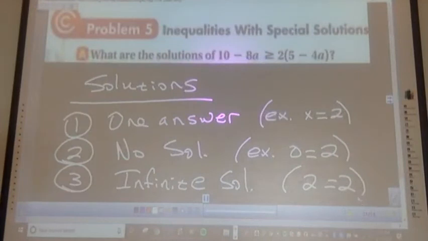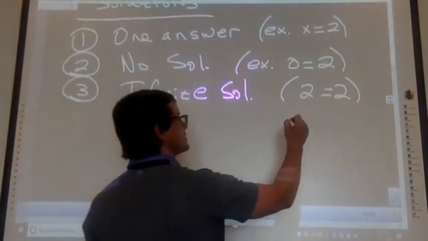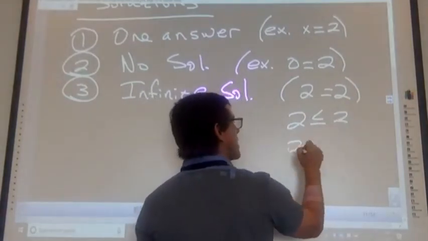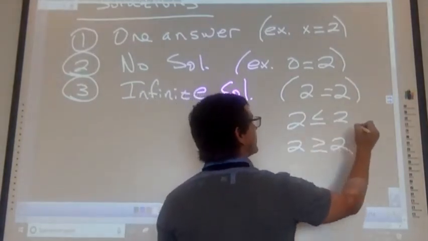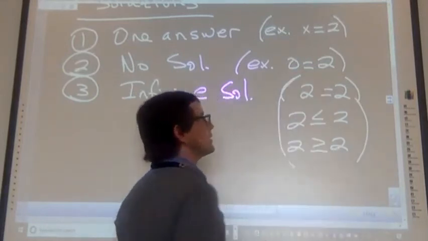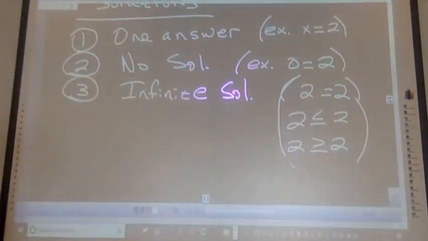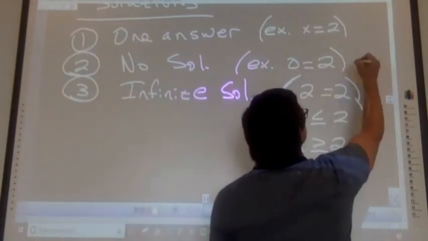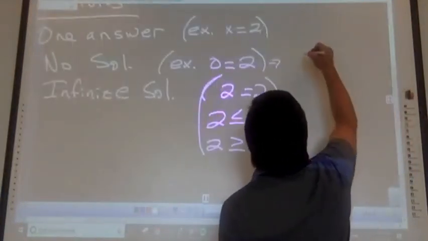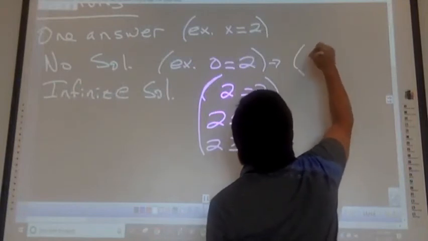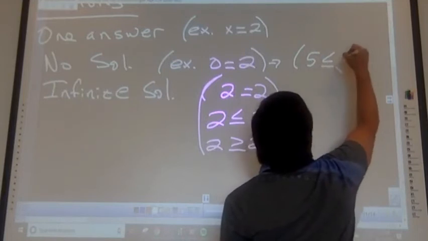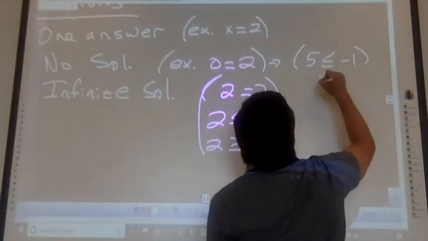Okay, so with infinite solutions in inequalities, it could also be 2 is less than or equal to 2. It could be 2 is greater than or equal to 2. Okay, so for no solutions in inequalities, it could also be like 5 is less than or equal to -1.